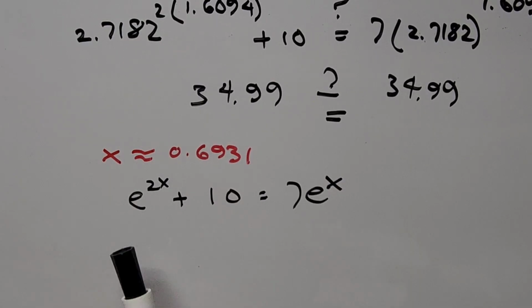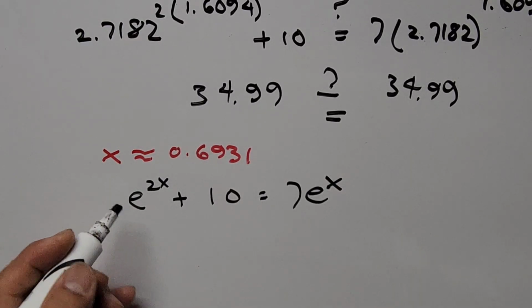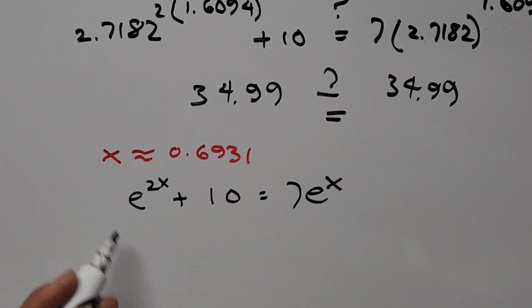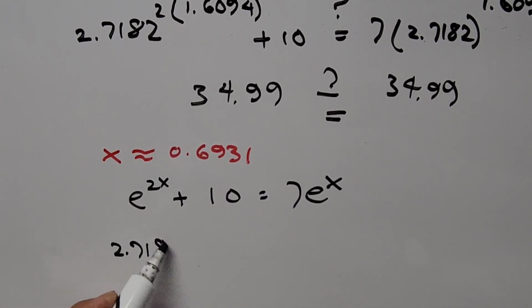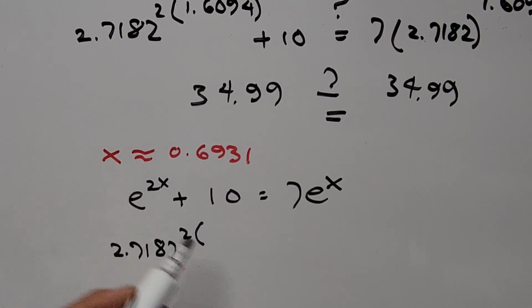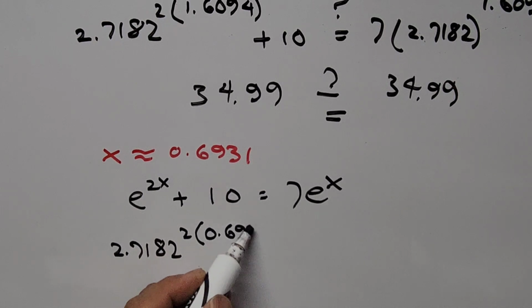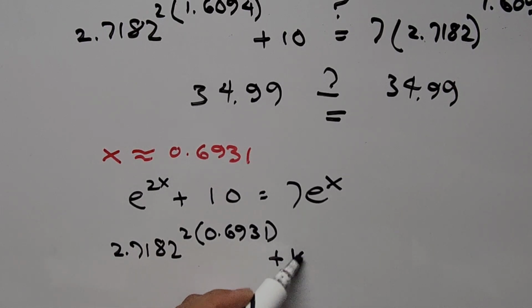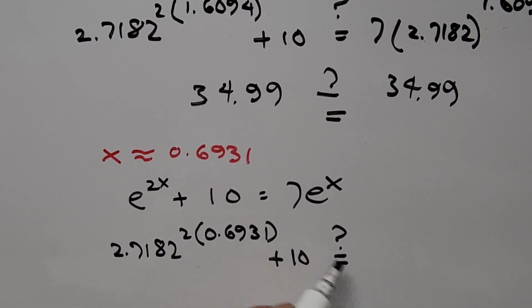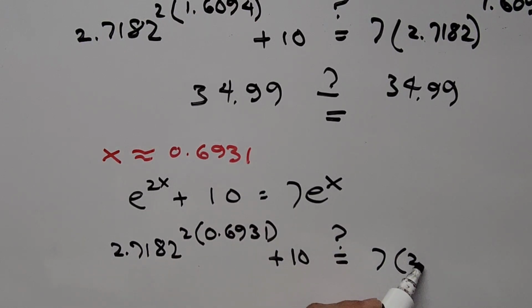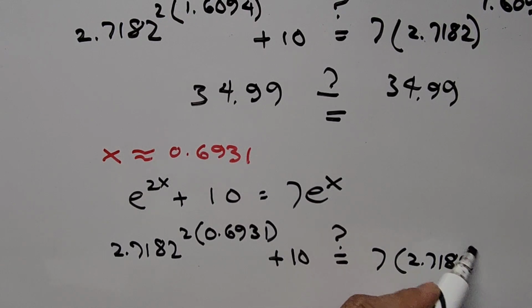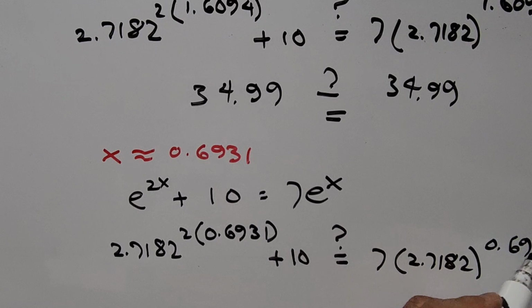We have the value of e, that is 2.7182 to the power of 2 times 0.6931 plus 10, and is this equal to 7 times 2.7182 to the power of x, that is 0.6931?